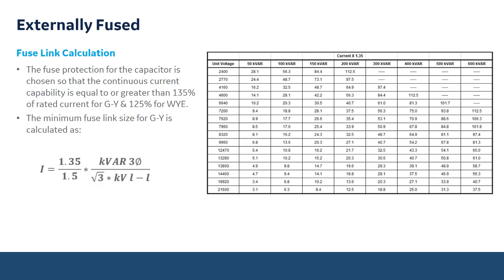The fuse protection for the capacitor is chosen so the continuous current capability is equal to or greater than 135% of the rated current for grounded Y and 125% for an ungrounded Y. And then this is the minimum fuse link size. Obviously, the smaller the fuse link size, the reduced cost. So based on the system requirements, I size it based off of here.